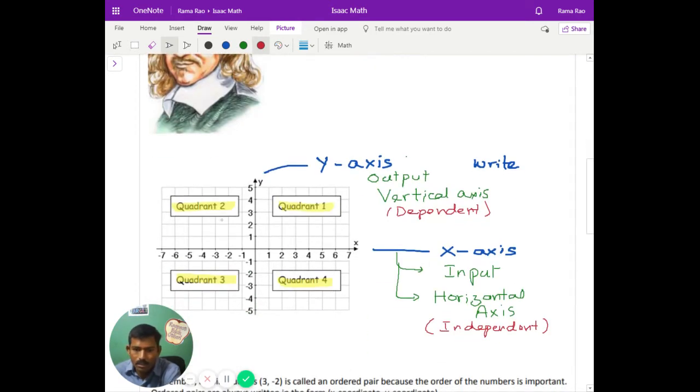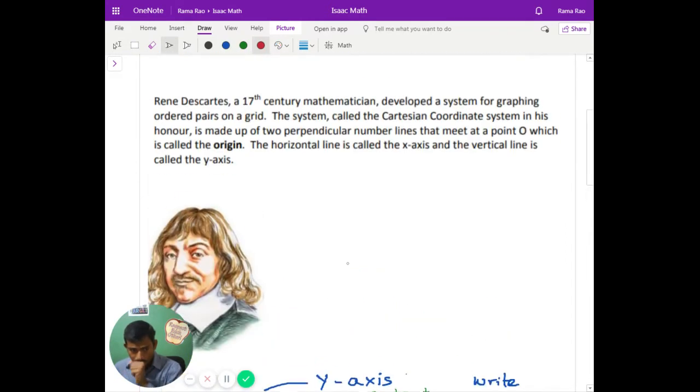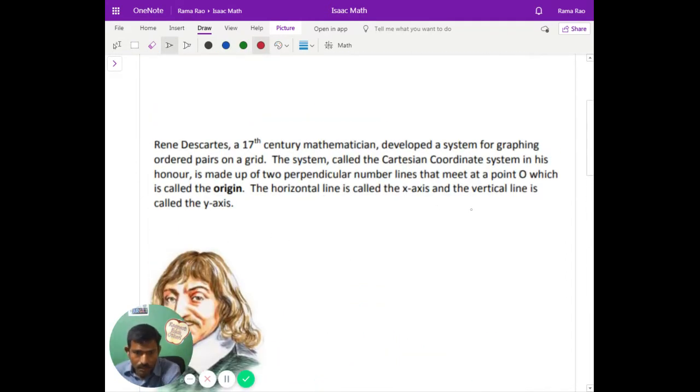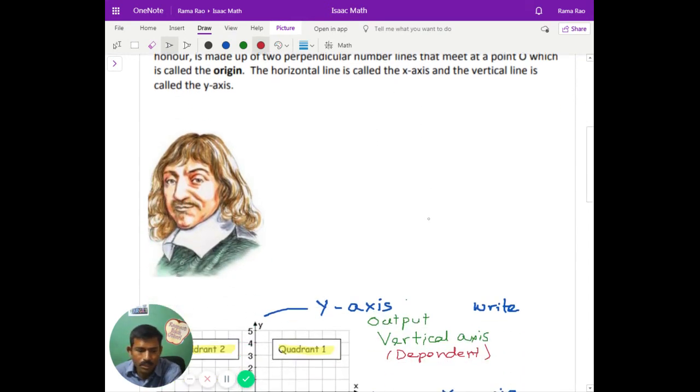This is called the grid. In this grid, you have quadrants 1, 2, 3, 4. He named the horizontal line the x-axis and the vertical line the y-axis. So this is the basic coordinate system that you normally get to know.